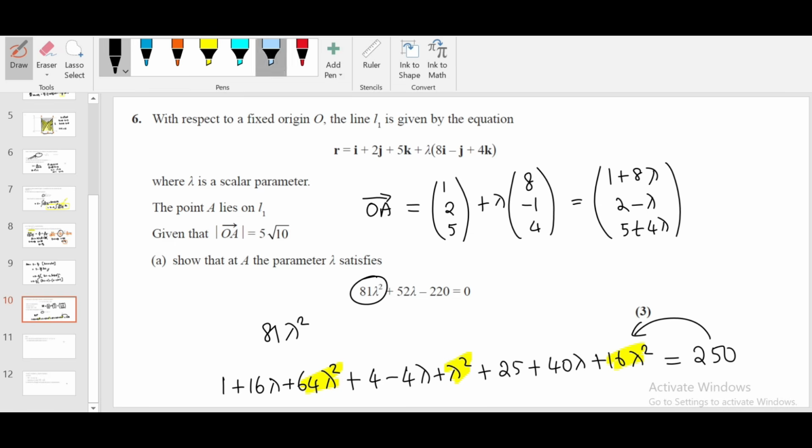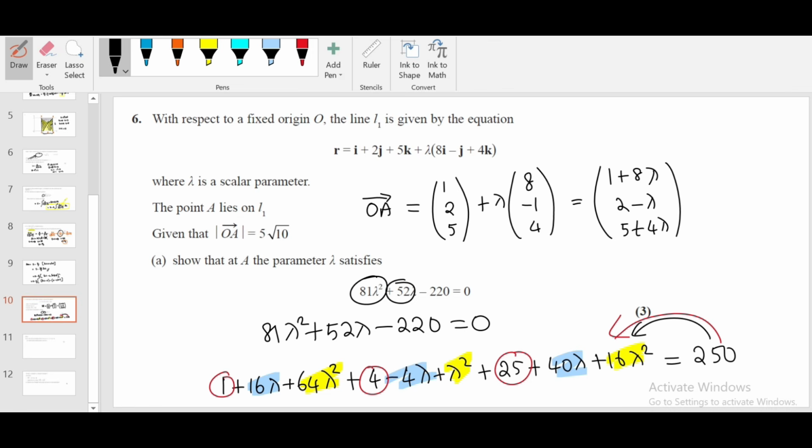And then lambda, 16 minus 4 is 12, plus 40 is 52 lambda. We got the second term also. And then the constant term, 1 plus 4, 5 plus 25 is 30. When you bring this here, it becomes minus 220. So minus 220 is equal to 0. That's it. We got the answer already.